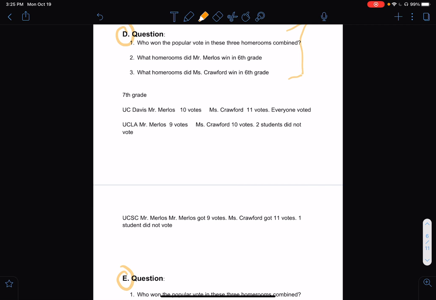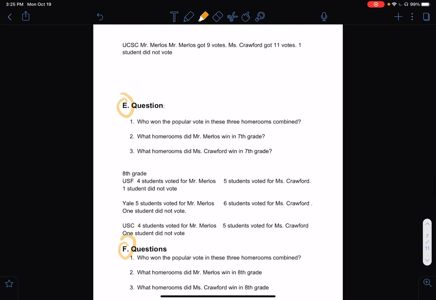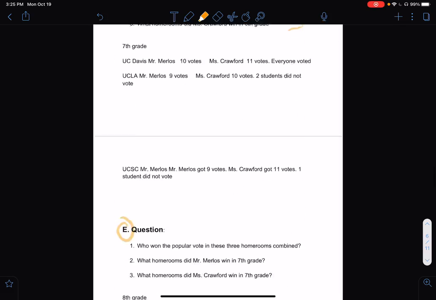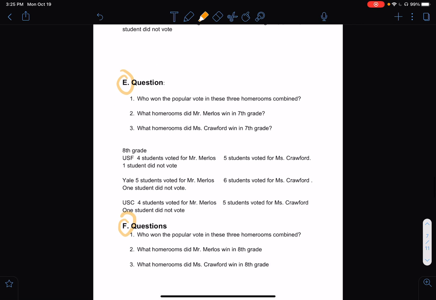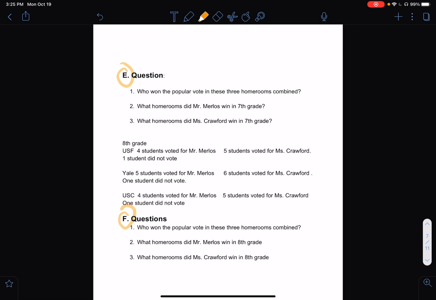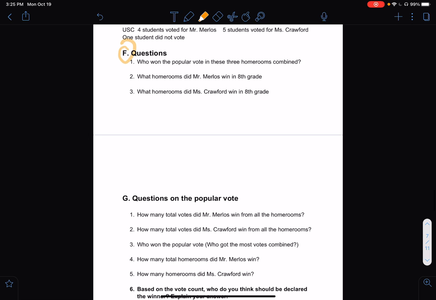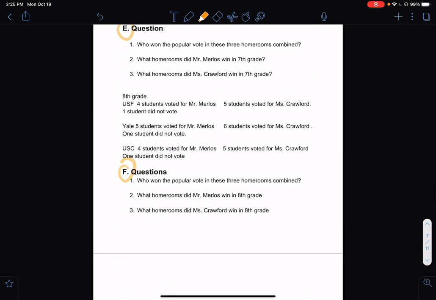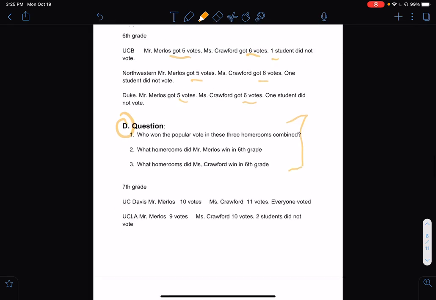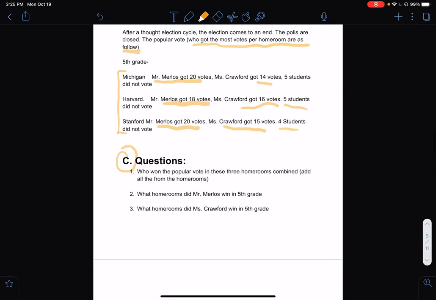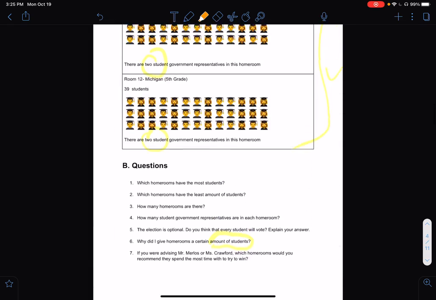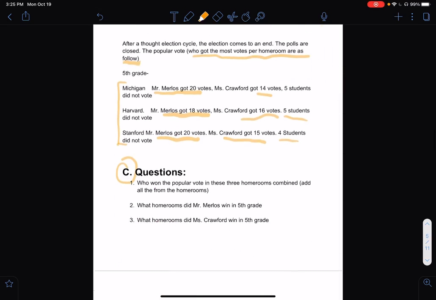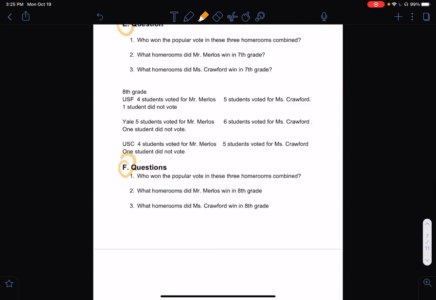Please finish these questions, and I will be checking them. That's all you're doing today. You're categorizing who won the votes. You stop at section F. You're more than welcome to look at section G, but you don't have to yet. Sorry, you're doing section C, D, E, and F.